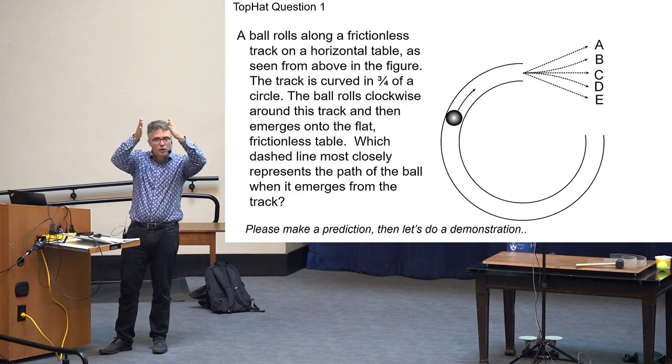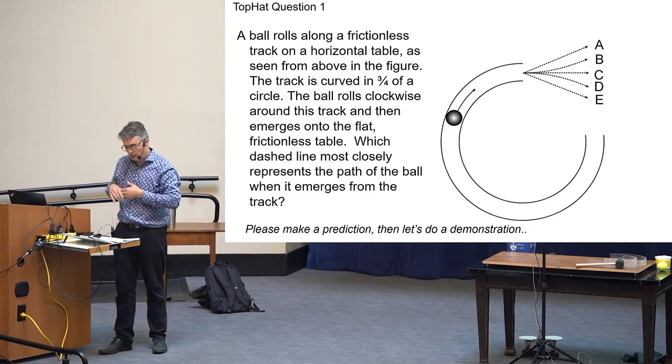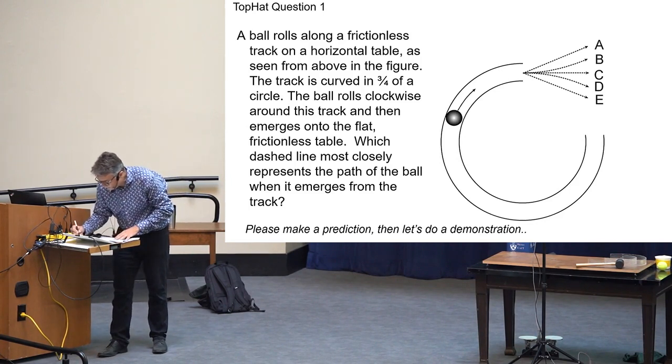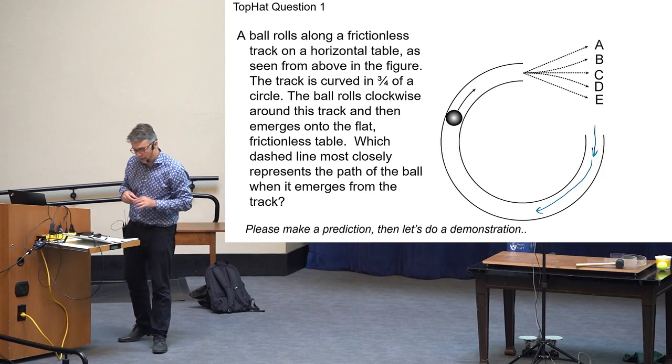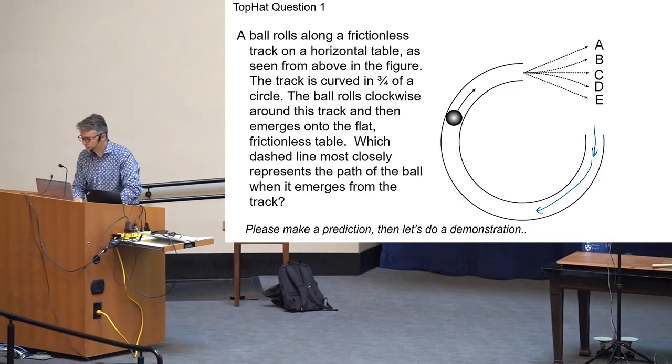So you've got some walls on the edge of the track that guide the ball in a circular path, or 3/4 of a circle. It starts here, goes down like that, follows around a circular path, and when it emerges at the top here, which of these 5 dashed lines most closely represents the path of the ball when it emerges from the track? We've got a demo set up to try it as well.